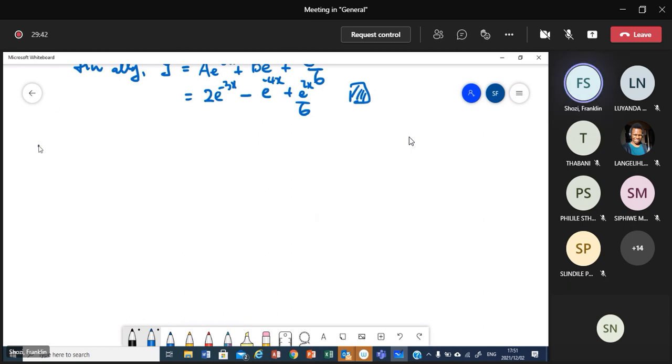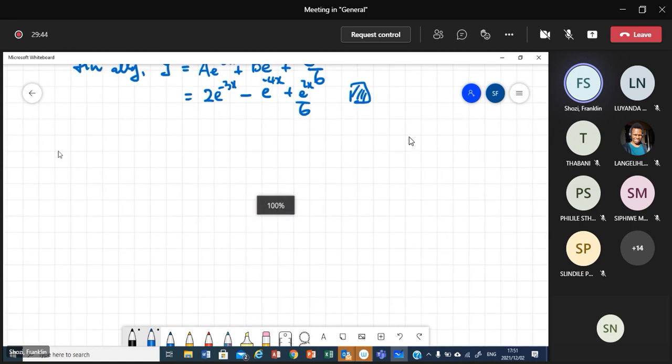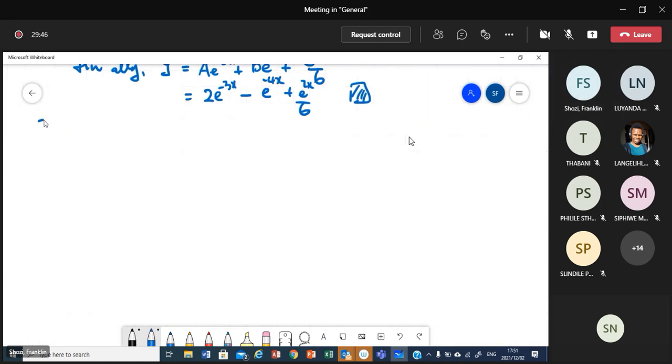We try this one, number 3. So it's D squared (D squared plus 4) y equals 2x plus 8.